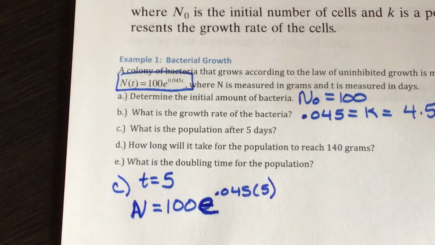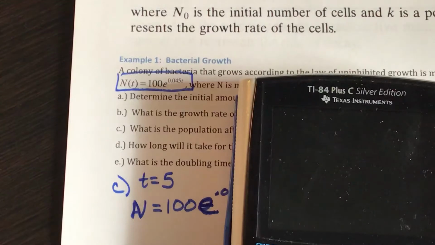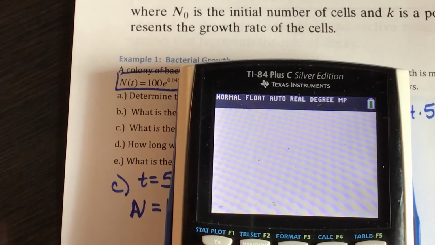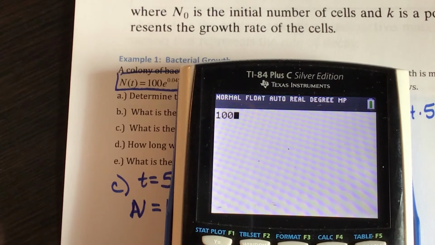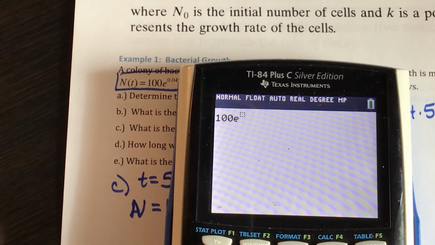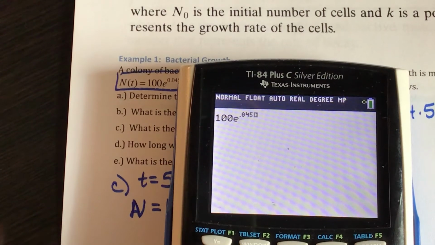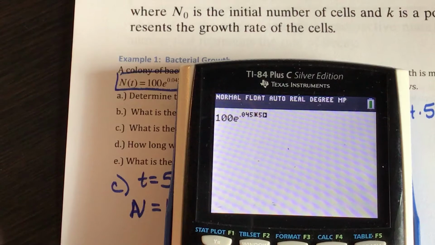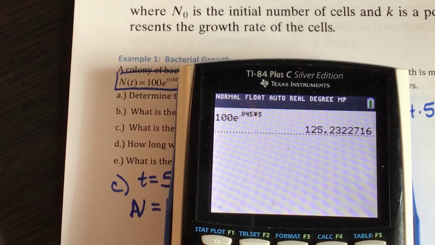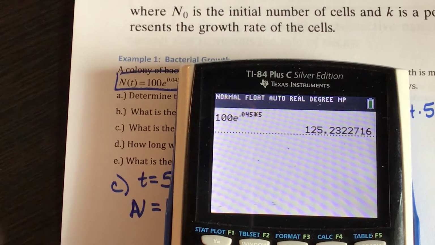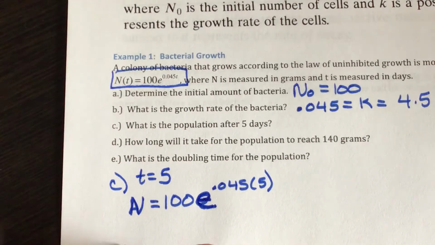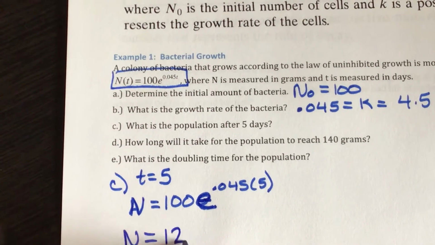Just on my calculator, I start with 100, and I'm multiplying that by e to the 0.045 times 5. All of that is calculated in the exponent. And I get 125.232.